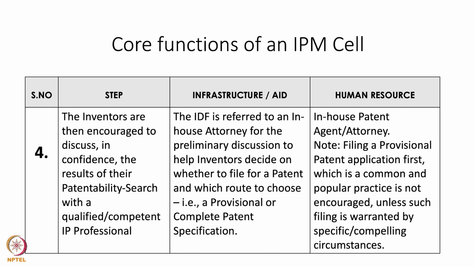In some cases where a disclosure is going to be made quickly, then the option could be to file a provisional. In other cases, it would be the complete itself. If the IPM cell has an in-house patent agent, then the filing of the provisional can be done in-house itself.